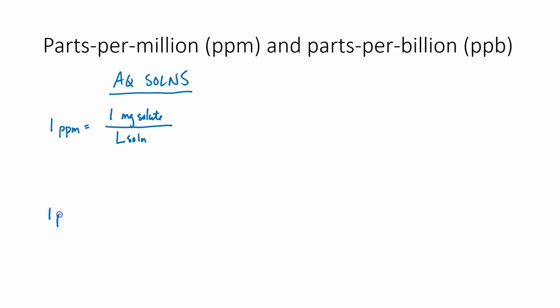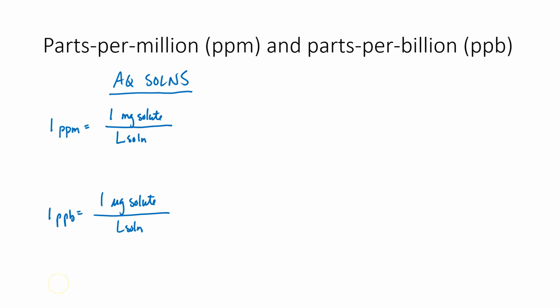And a part per billion would be 3 orders of magnitude smaller. So instead of having milligrams of solute upstairs, you would have micrograms: 1 microgram of solute for every liter of solution. Those are some handy definitions of ppm and ppb to keep in mind.